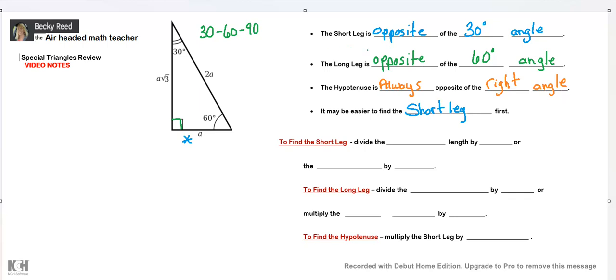The short leg right here is opposite of the 30-degree angle. So you find your 30-degree angle right here, and then right across the street, down here, you're going to find the short leg. Now we've got a long leg. Here's our long leg.